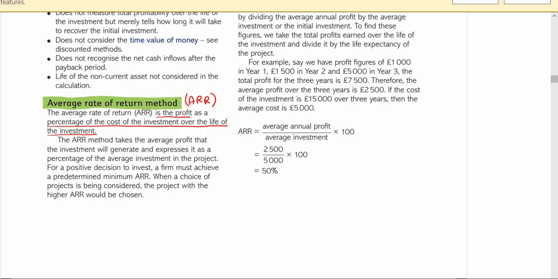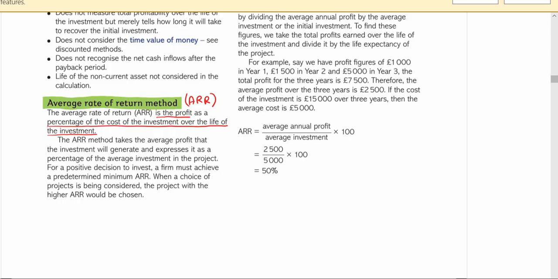It means how much profit we earned against the cost of an investment over its life. For a positive decision to invest, a firm must achieve a predetermined minimum ARR. When choosing between projects, the project with the higher ARR will be chosen. So in ARR, higher will be better.